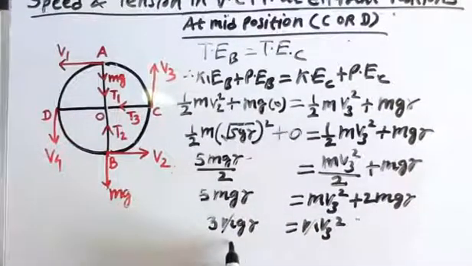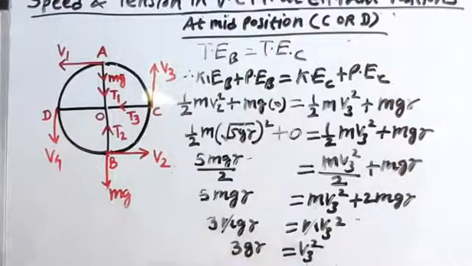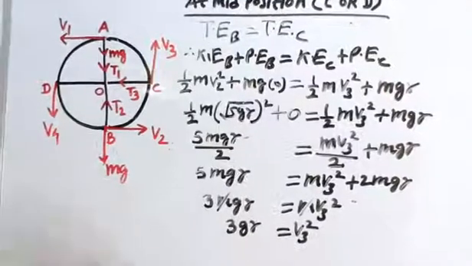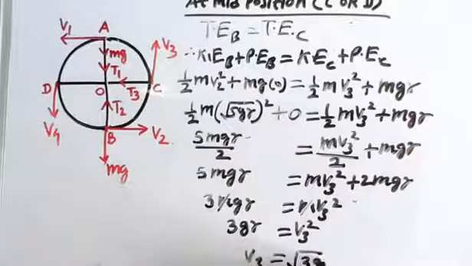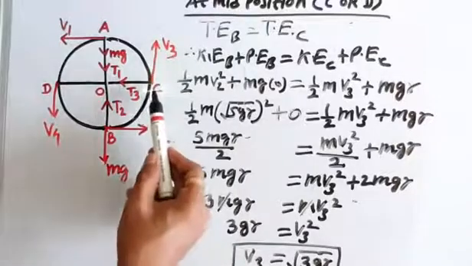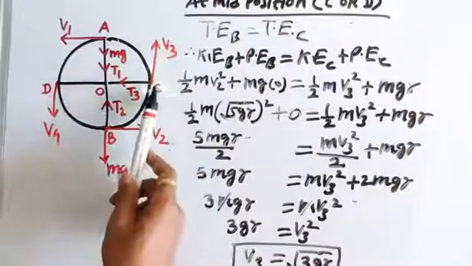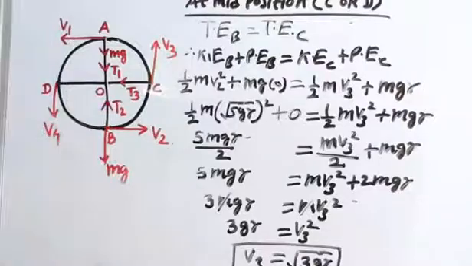Therefore we get 3gr is equal to v3 square. Taking square root, we can write v3 is equal to under root 3gr. So this is the value of velocity at point C of the particle performing vertical circular motion.